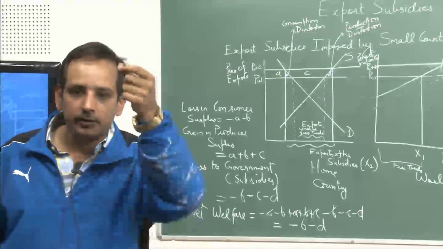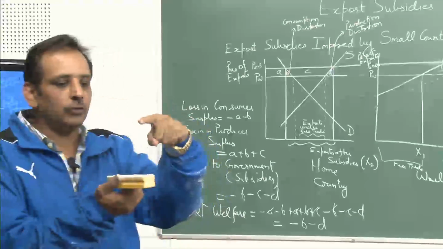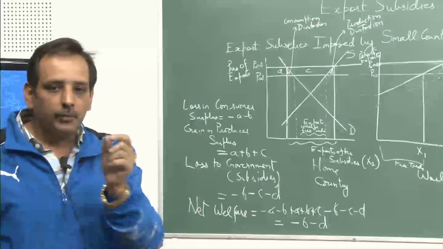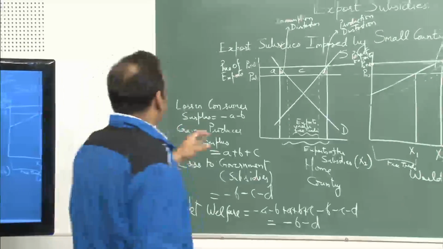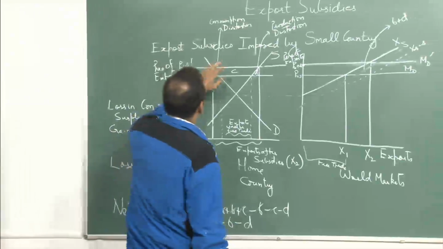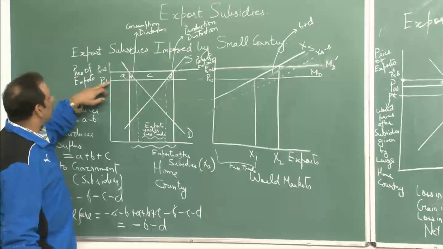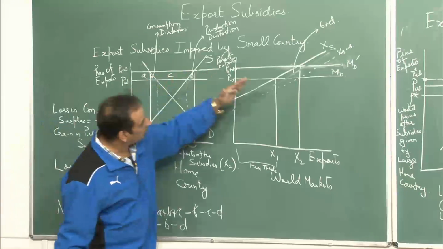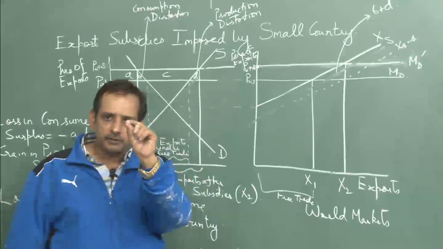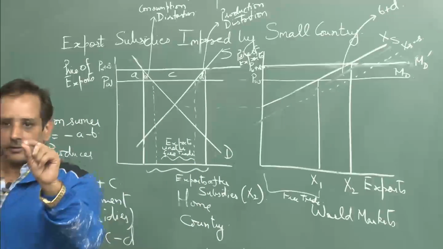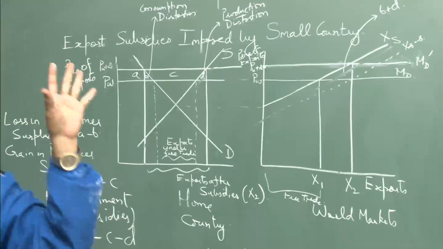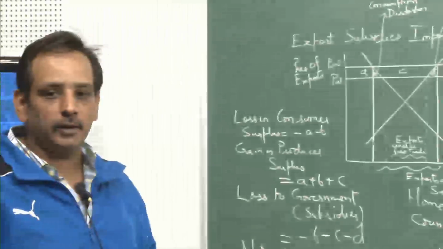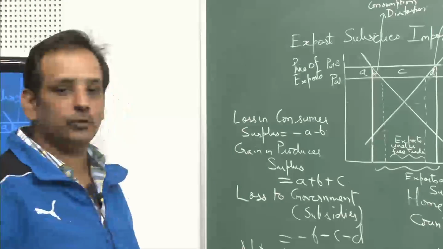The only thing I'm saying is that world prices will not come down to the level reached when export subsidies are given, because for a small country, you keep charging PW, right? For a large country, the export supply curve will shift down. There will be a reduction, but a smaller reduction than in the case where export subsidies are imposed.